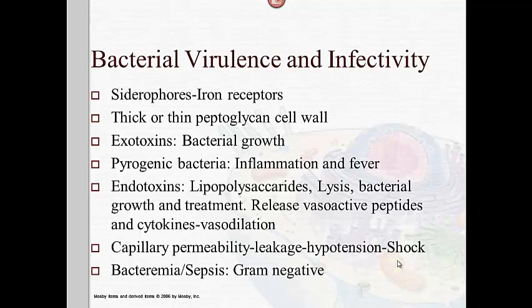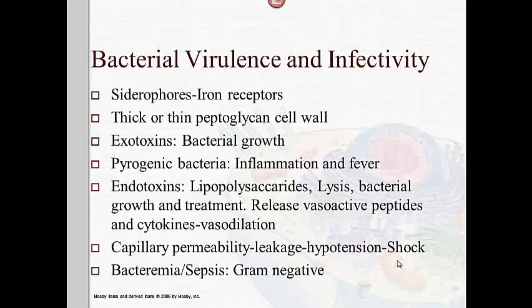Why? Because, again, they could be activated and provide a bacterial superantigenicity, an exaggerated response that would increase capillary permeability and leakage, producing edema in the third space, therefore hypotension and shock.